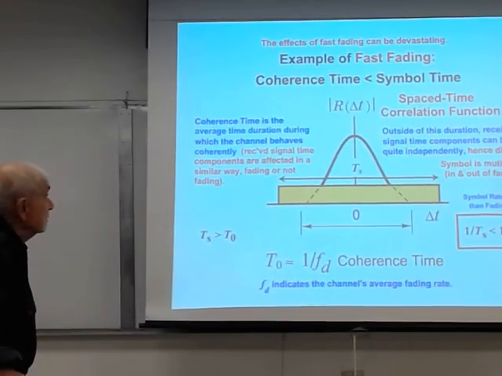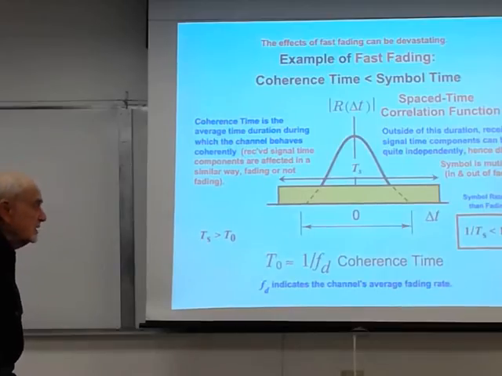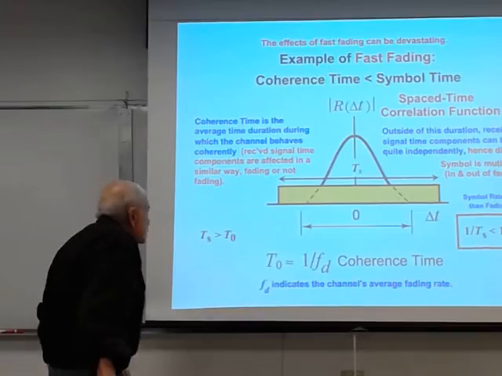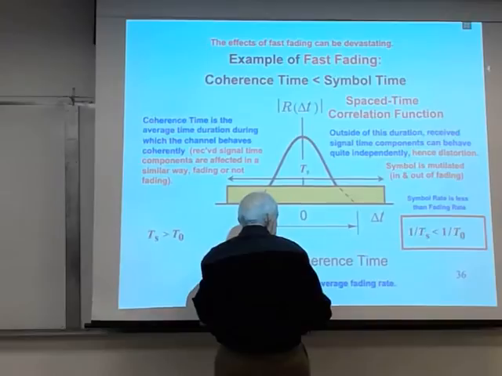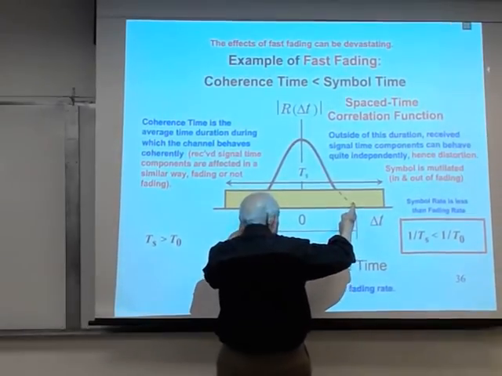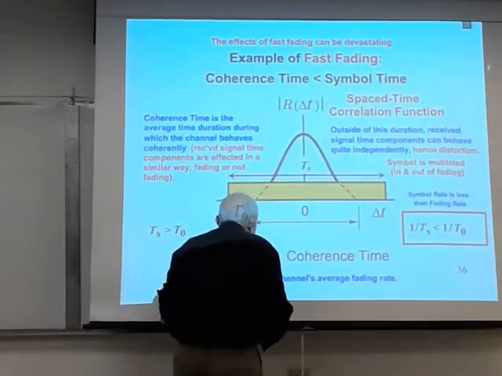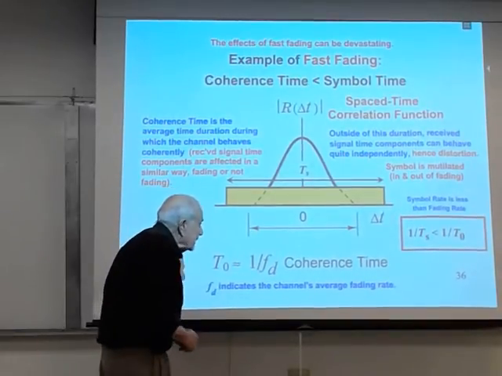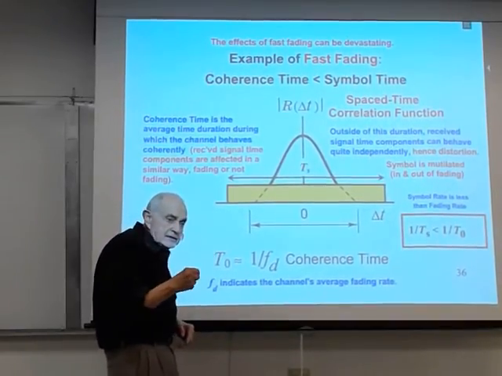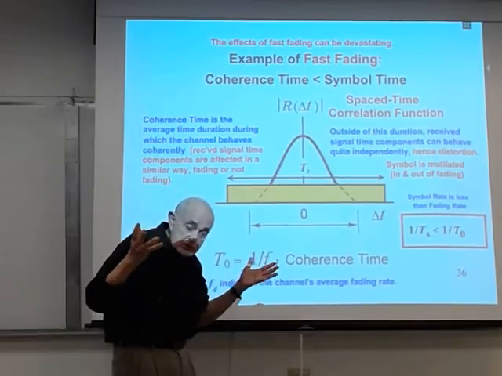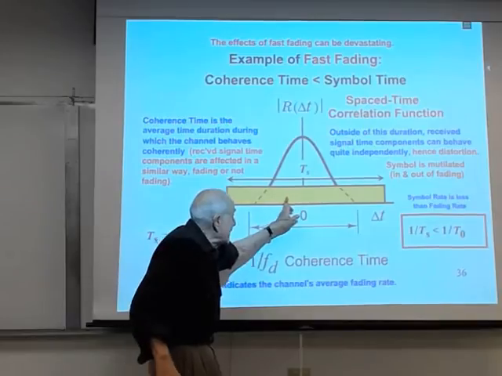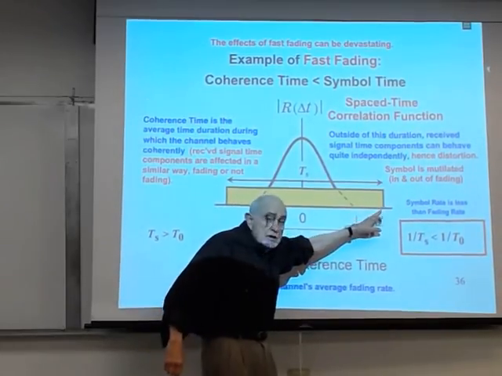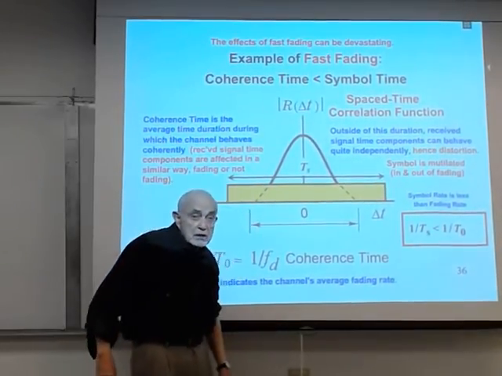So we're talking about fast fading, and fast fading can be devastating. In this case, you have a symbol time, and the coherence time is something much smaller than that. Just imagine you're on a high-speed train, and this is the band, and this is the time of the symbol that's coming along.